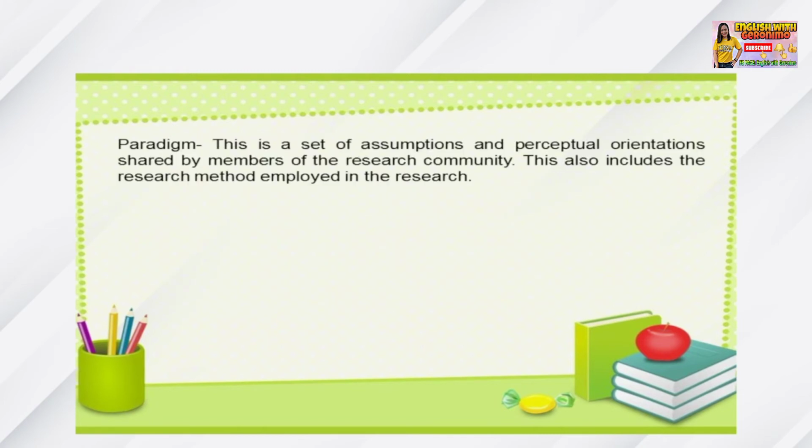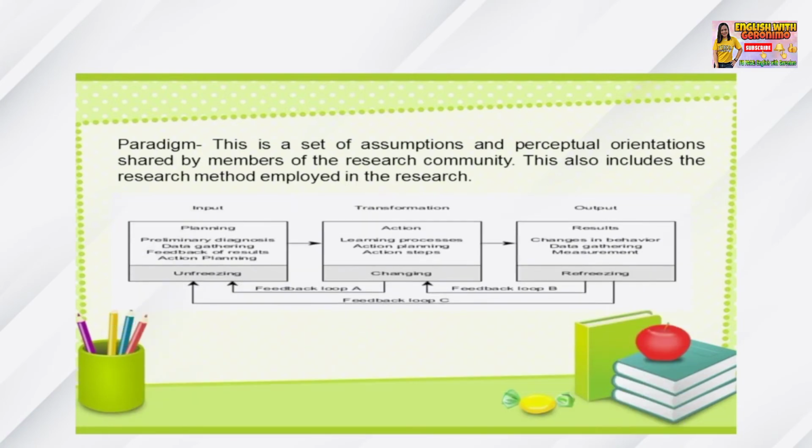Paradigm. This is a set of assumptions and perceptual orientations shared by members of the research community. This also includes the research method employed in the research. Here is the example.